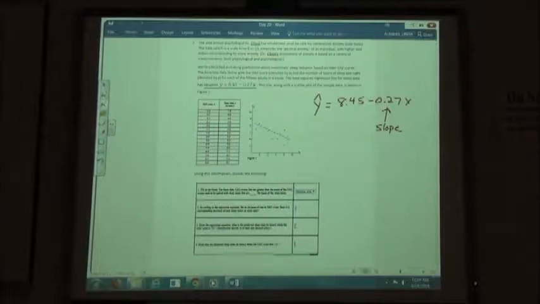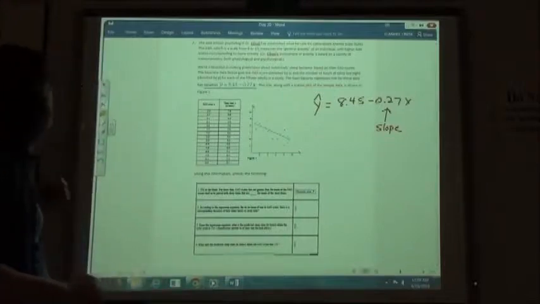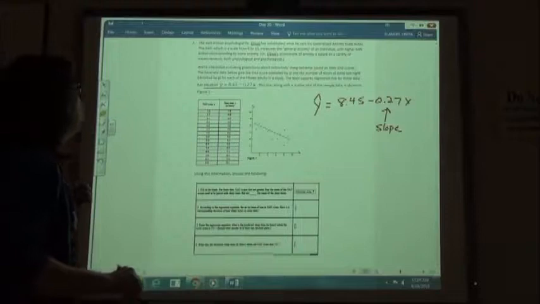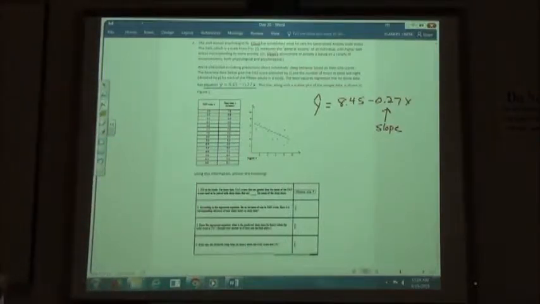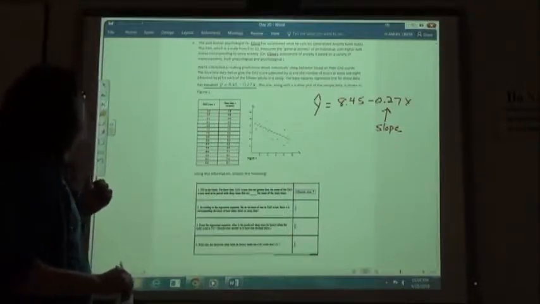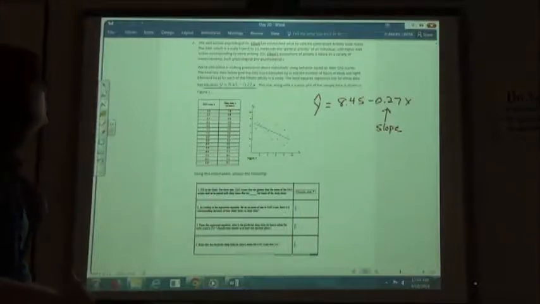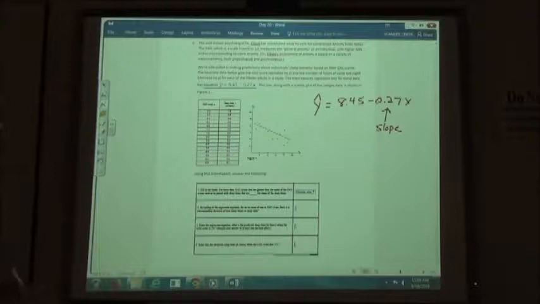We're interested in making predictions about individual sleep behavior based on their GAS score. The bivariate data below gives the GAS score, denoted by X, and the number of hours of sleep last night, denoted by Y. For each of the 15 adults in the study, the least squares regression line for the data has the equation y hat equals 8.45 minus 0.27x.